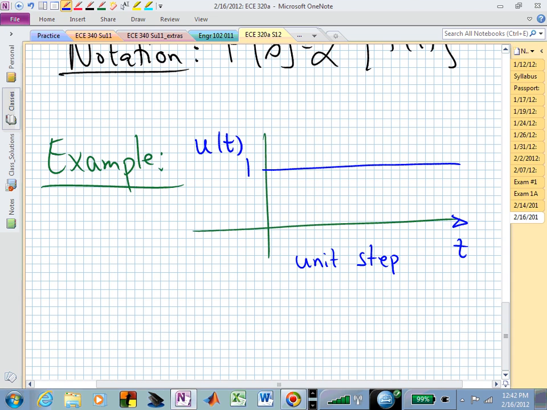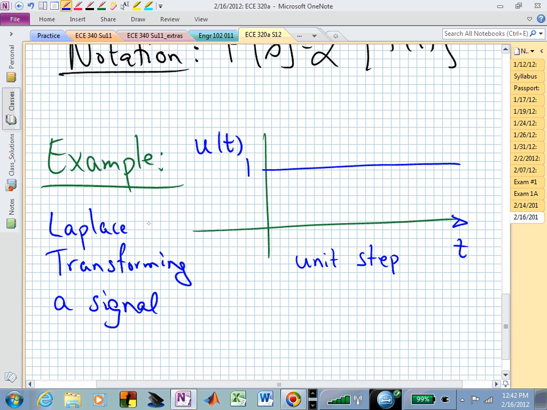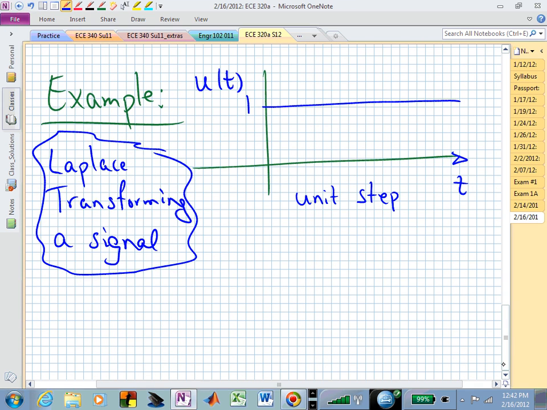And now, this is a signal, so we are Laplace transforming this signal. That's our goal. We want to know what does that time domain waveform do in the frequency domain?